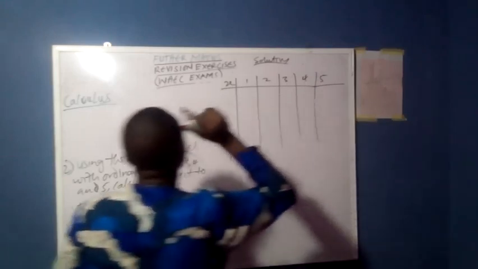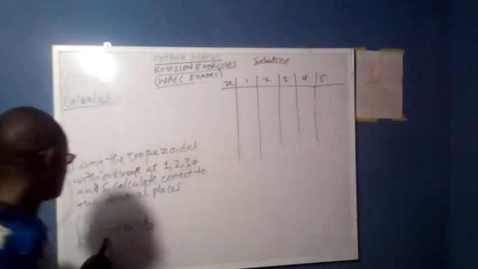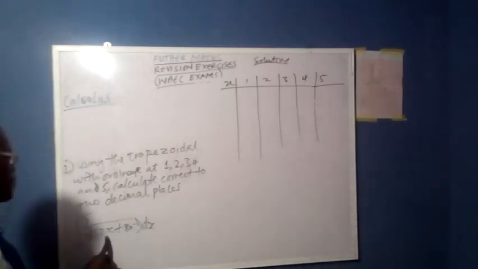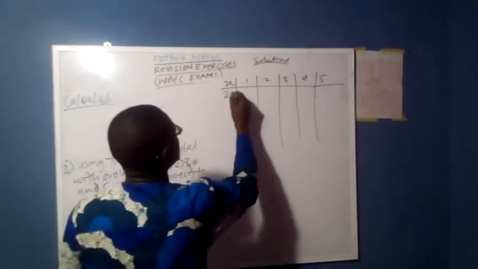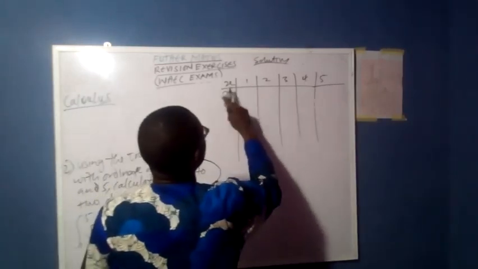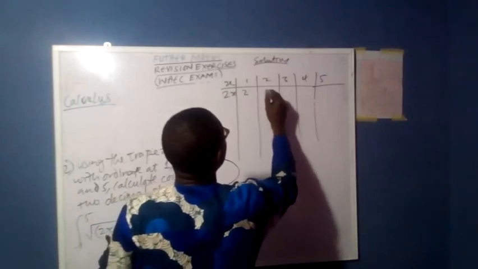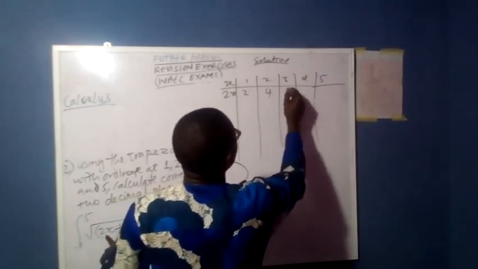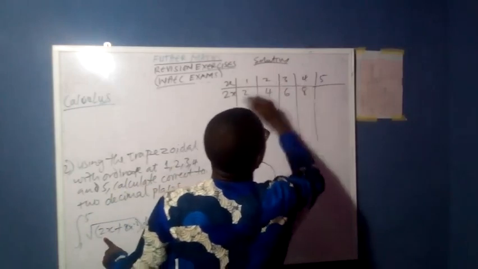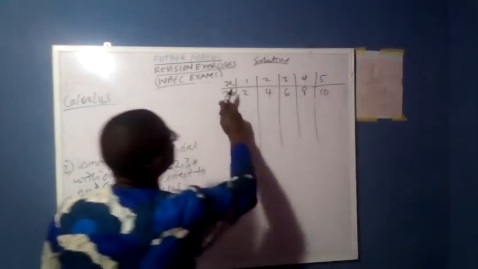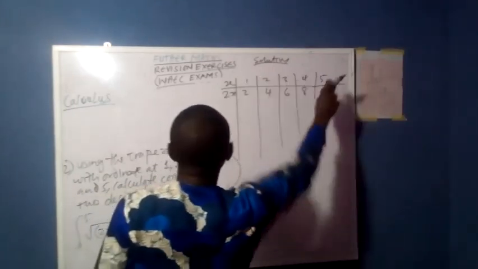In the question we have 2x, so put 2x: 2 times 1 is 2, 2 times 2 is 4, 2 times 3 is 6, 2 times 4 is 8, 2 times 5 is 10. That's the meaning of 2x; you use 2 to multiply each of them.